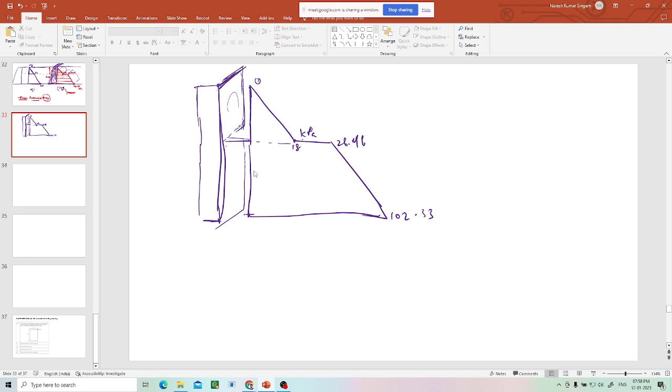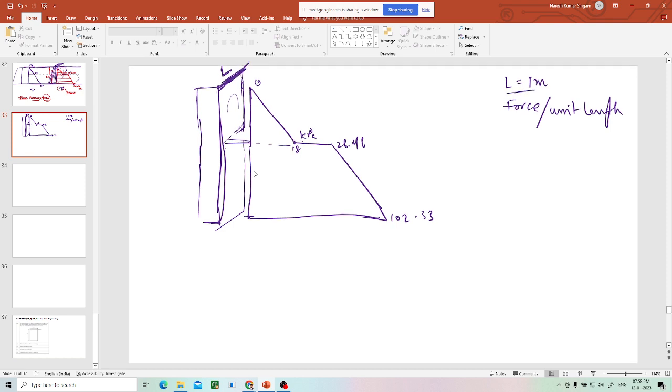Now I don't know the length. That's why I will take length as 1, or I will tell at the end, force per unit length. That means I don't bother about this length. That length is 1 meter only because length is not given. But I know the height. So length into height, length is 1 here because that is not given.